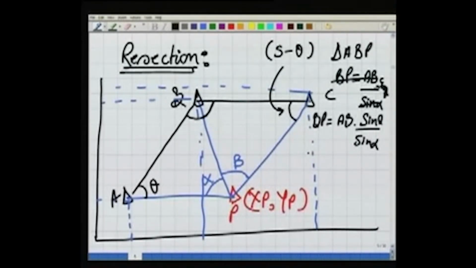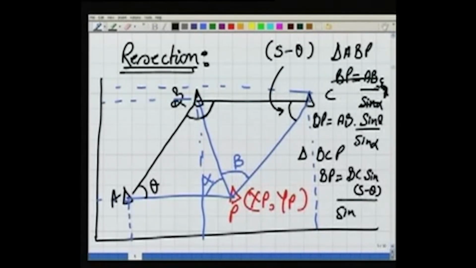Similarly, in triangle BCP, I can again write for BP. Again, by using the sine rule, BP is BC sine of S minus theta, divided by sine of beta.